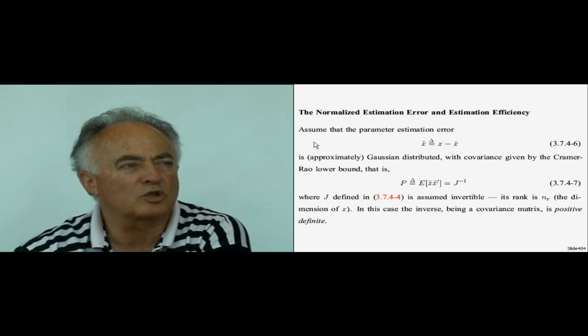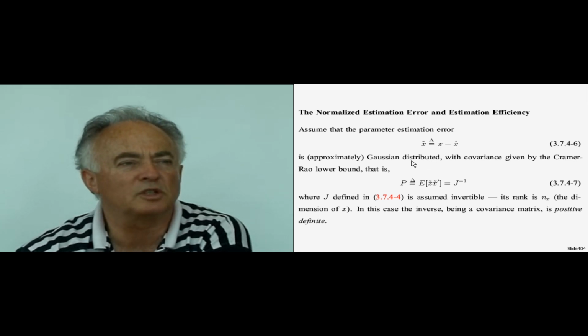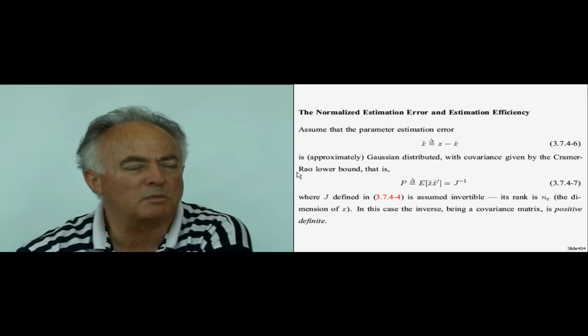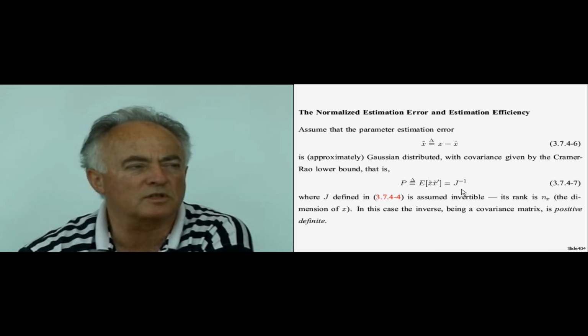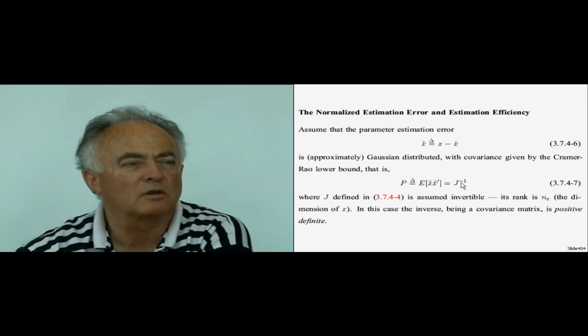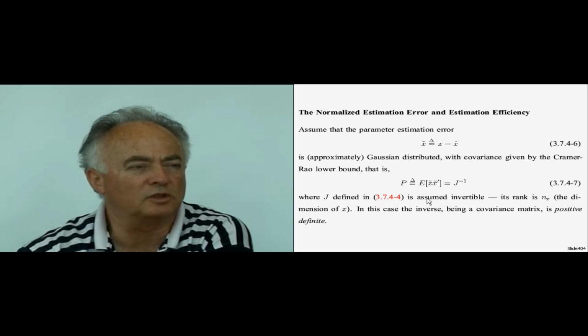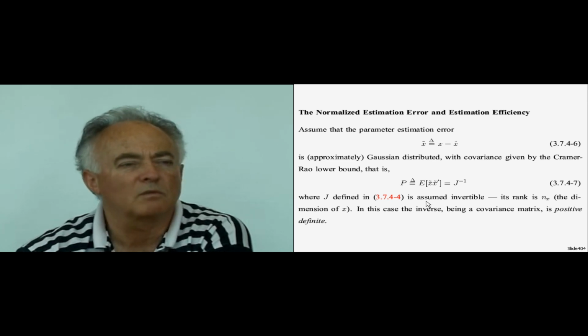Let's look at this. Assume that the parameter estimation error, x tilde, defined as x minus x hat, is approximately Gaussian distributed with covariance given by the Cramer-Rao lower bound, namely the covariance P is really J inverse. Assuming now also that J is invertible, we have a positive definite covariance.